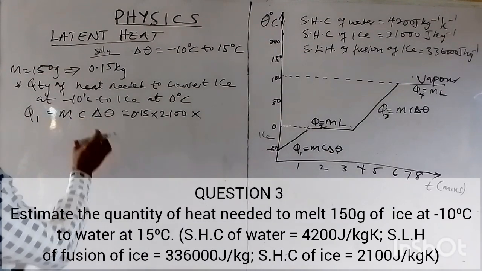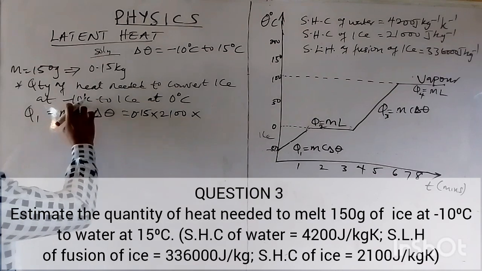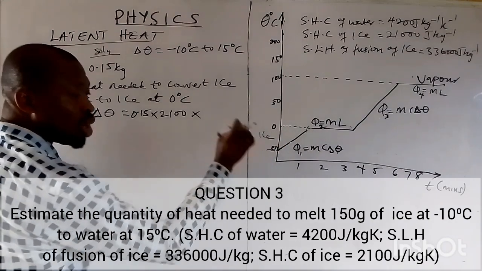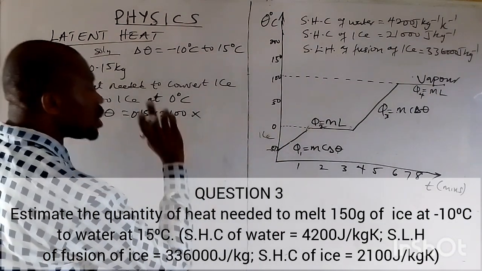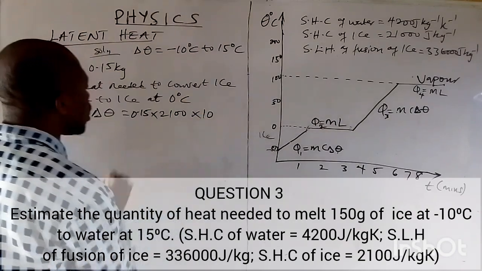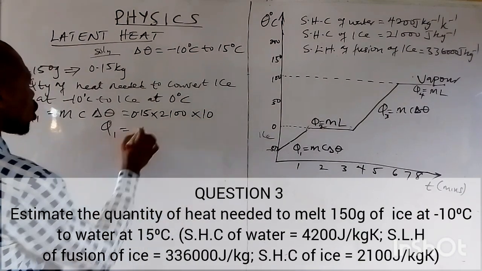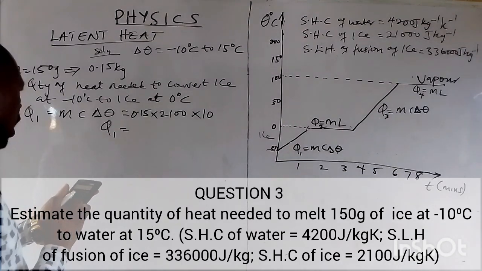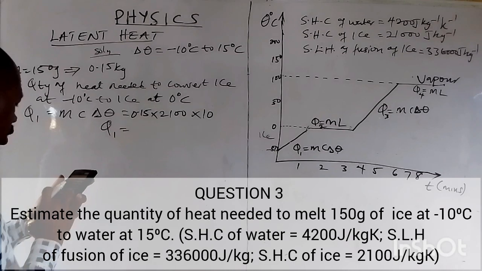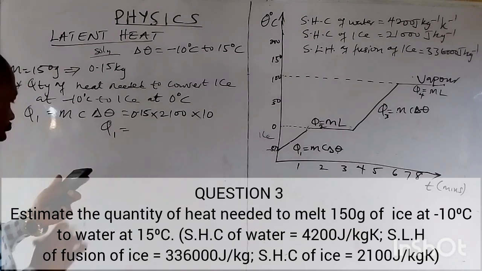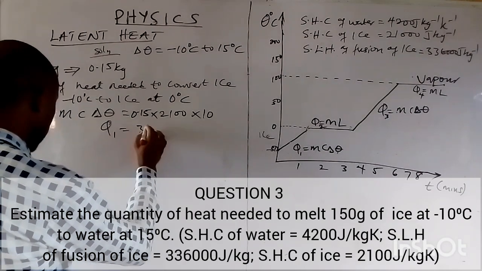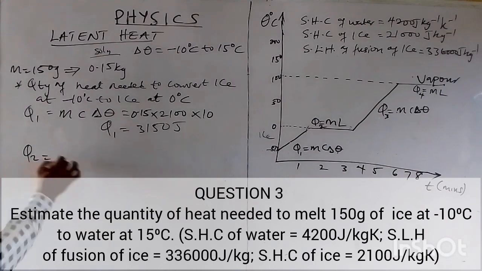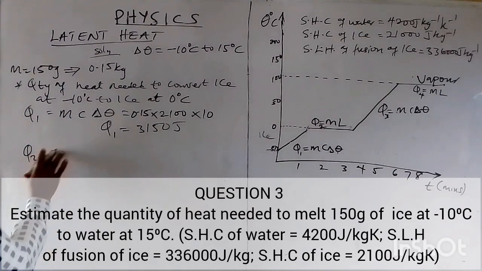The temperature change is from minus 10 degrees Celsius to 0. That minus is just an indication that it is below 0, do not use it, I repeat. So we now have times 10, which will give us that Q1 is 0.15 times 2,100 times 10. Q1 will give us 3,150 joules.